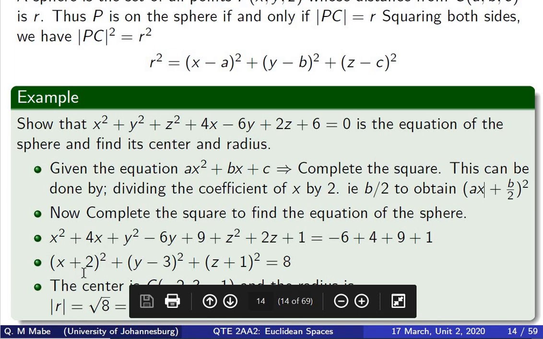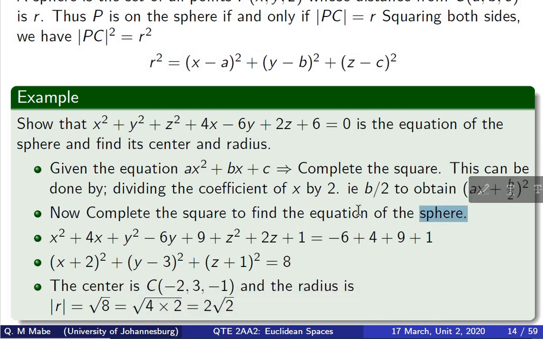The first component will be negative 2, the second one will be 3, and the third one will be negative 1. So in a nutshell, your center is negative 2, 3, and negative 1. And the radius is square root of 8.